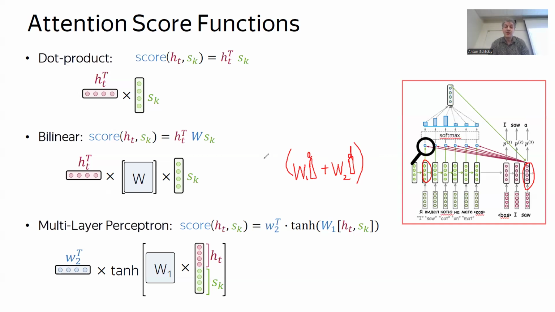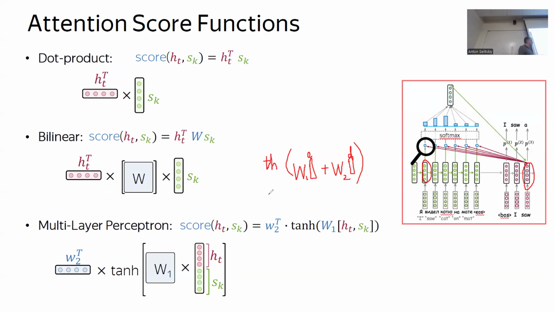Then we apply a nonlinearity, typically the hyperbolic tangent. And to get one number, a scalar, we apply just a linear layer.